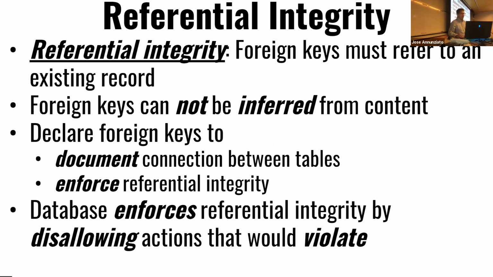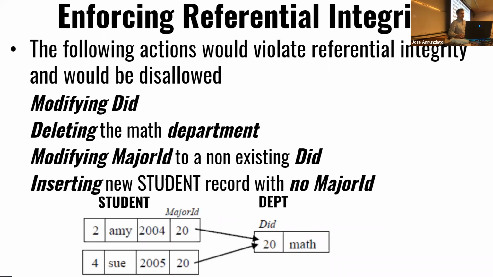So, for instance, if you have a whole bunch of students, Amy and Sue, that are both in the math department major, and I try to remove the math department, it'll stop me, because I have records that are referencing that other record.